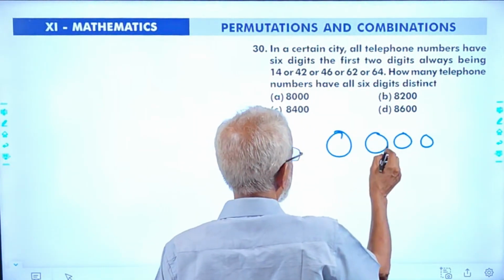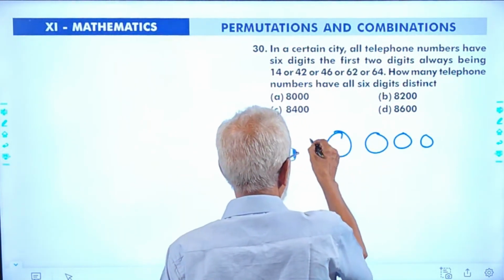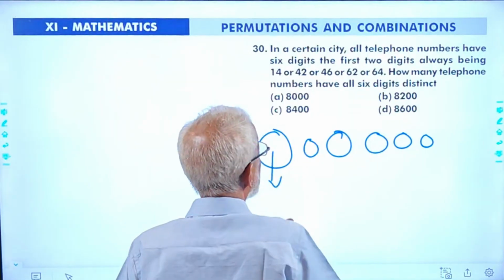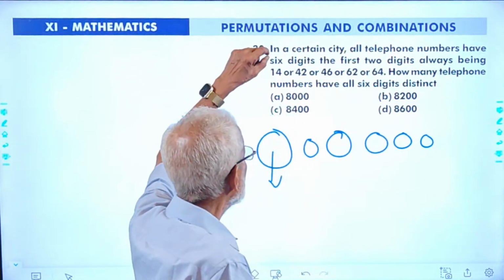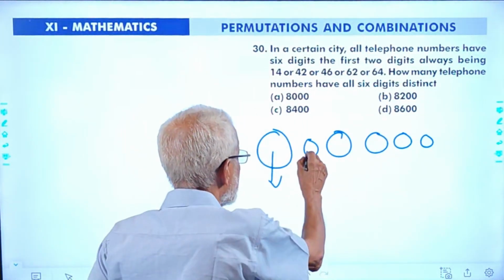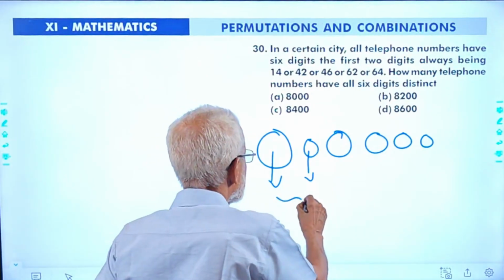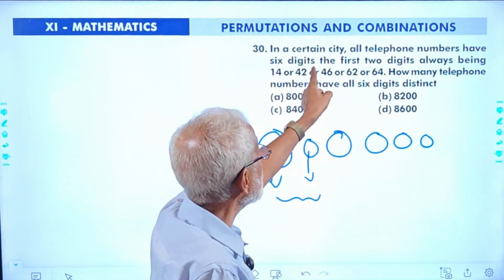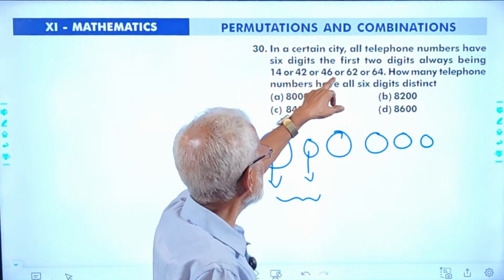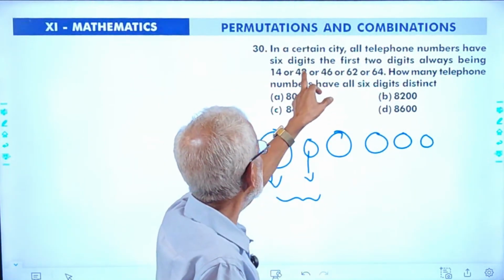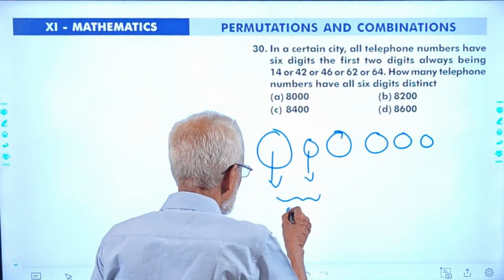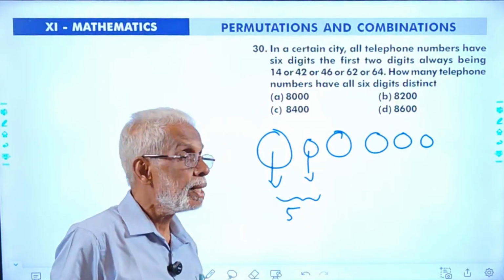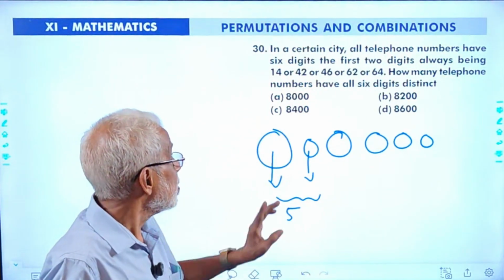We have 6-digit telephone numbers, with places 1, 2, 3, 4, 5, 6. The first 2 places should be filled with 14 or 42 or 46 or 62 or 64. Therefore, the first 2 places can be filled in any one of these 5 ways.